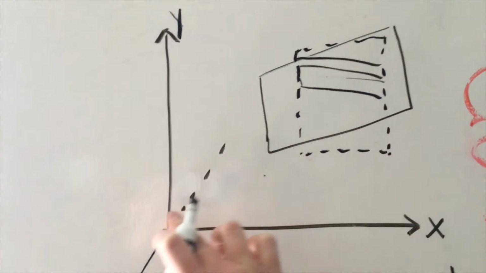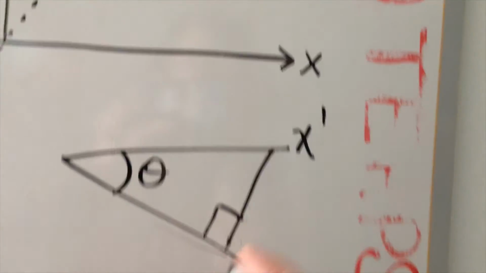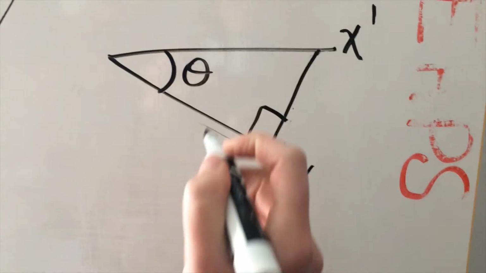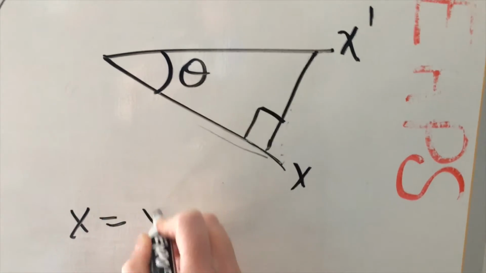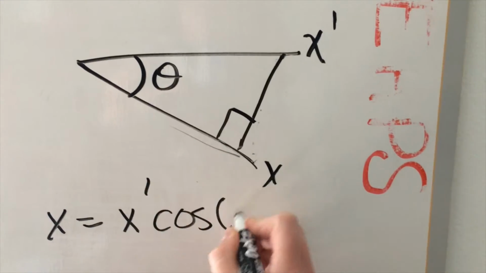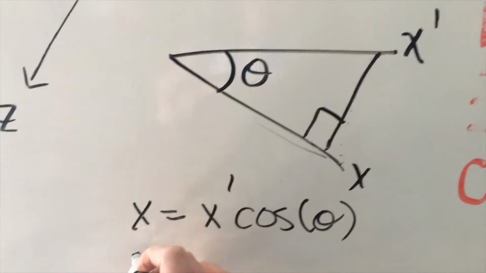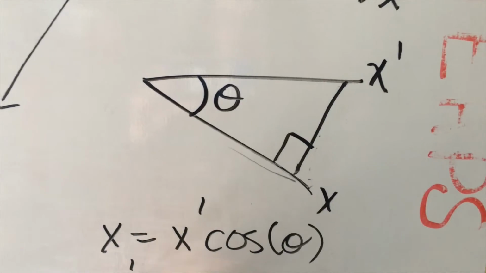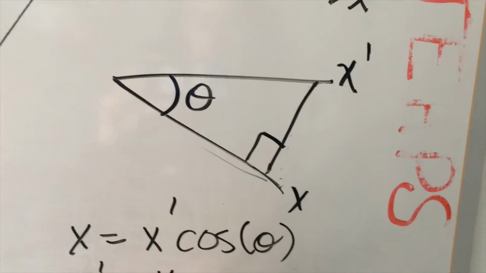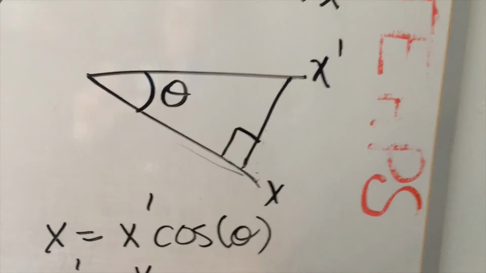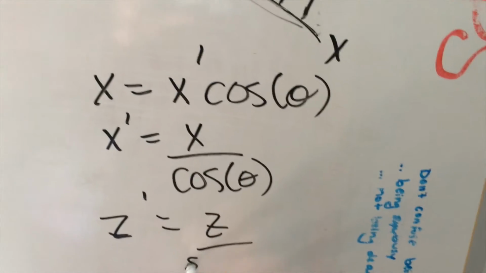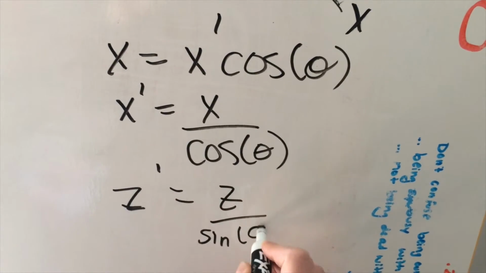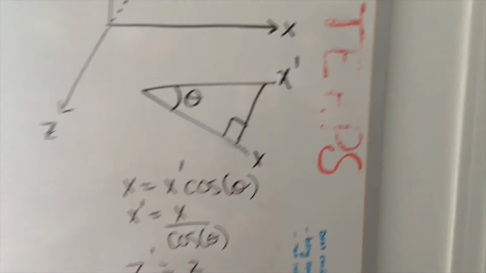I took this corner, aligned it here, and then I said that x is equal to x prime cos theta, therefore x prime is equal to x over cosine theta. And I did the same thing for z, but for z it is z over sine theta. So that's what I did.